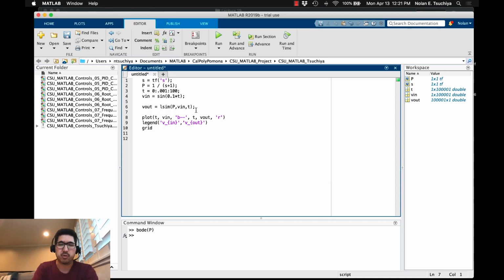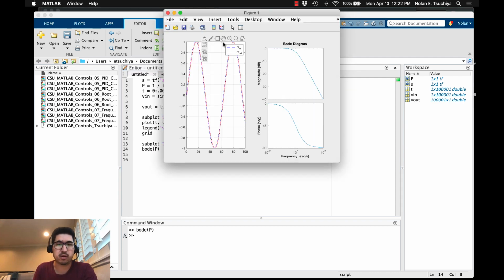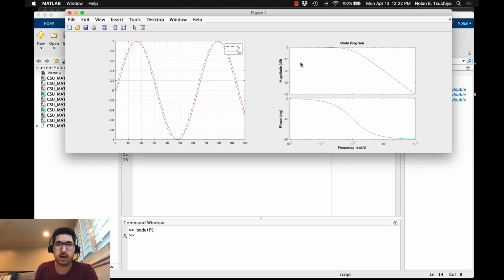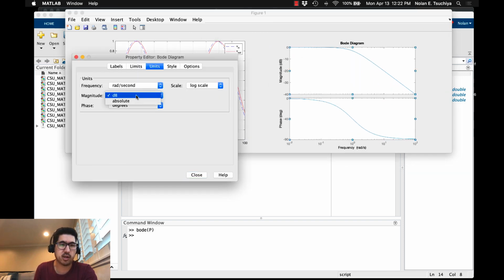If we were smart, we would put these on the same axis so that we can see. So what we can do is just do a subplot here, subplot 1, 2, 2, and we can look at the Bode plot for P on the same figure. That way you can verify for that particular frequency, and we just see it all in one place.